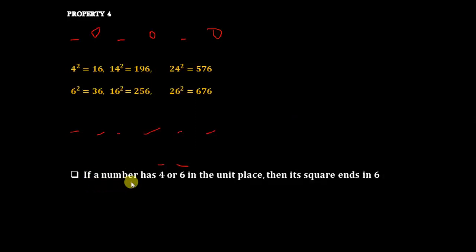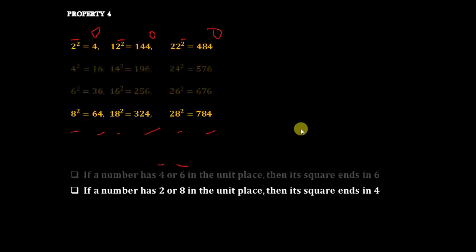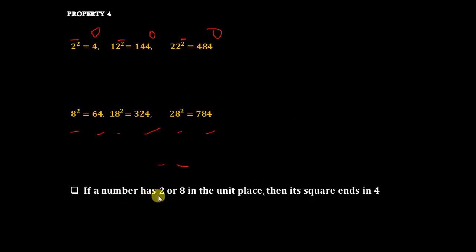Next, if a number has 4 or 6 in the unit place, then its square ends in 6. If a number has 2 or 8 in the unit place, then its square ends in 4.